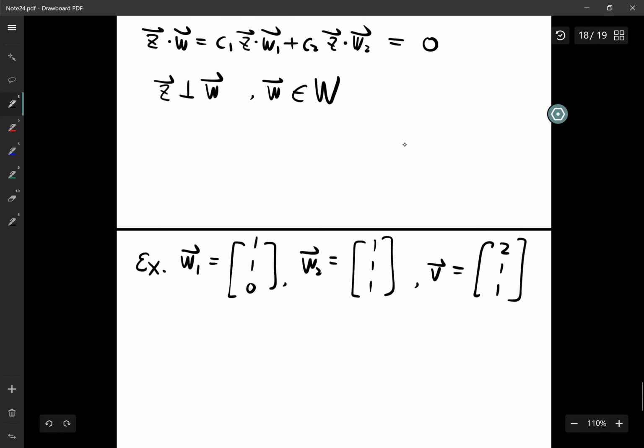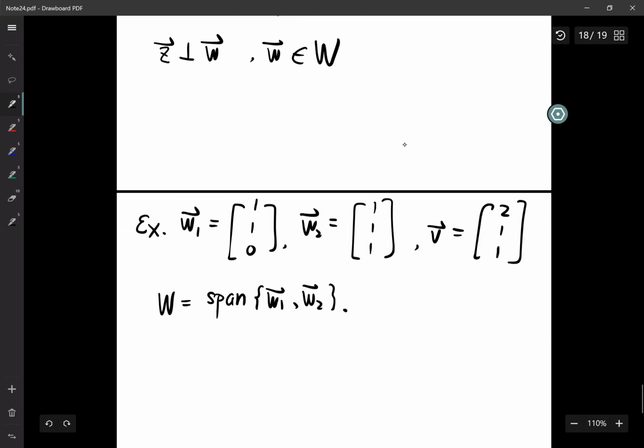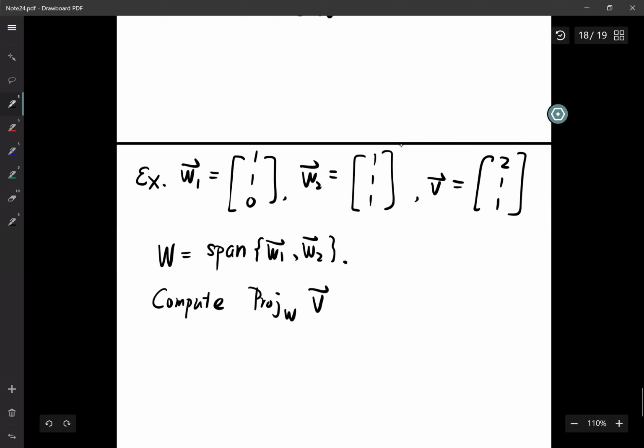So here I define W to be the span of W1 and W2. The question is whether you can compute the projection of V onto the subspace W.